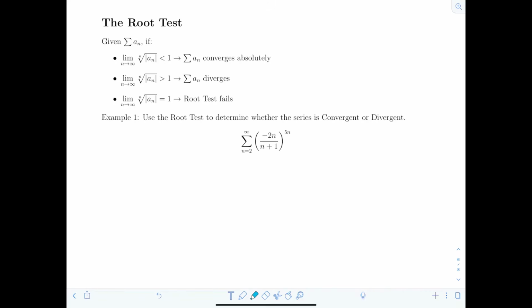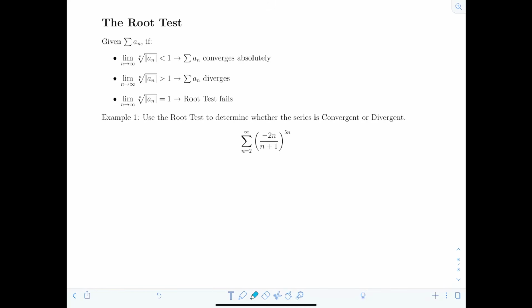Given the sum of an, if the limit as n approaches infinity of the nth root of the absolute value of an is less than 1, then that means the sum of an converges absolutely. If the limit as n approaches infinity of the nth root of the absolute value of an is greater than 1, then the sum of an diverges. And, similar to the ratio test, if the limit as n approaches infinity of the nth root of the absolute value of an equals 1, then the root test fails. So what that means is you need to apply a different test.